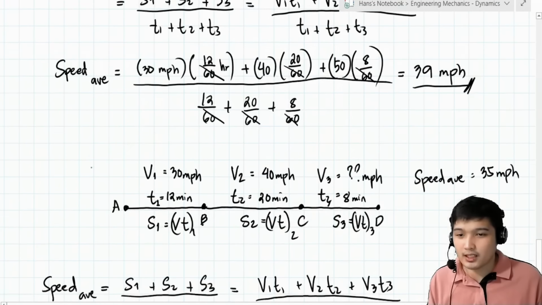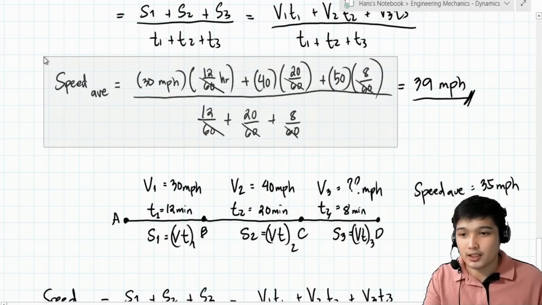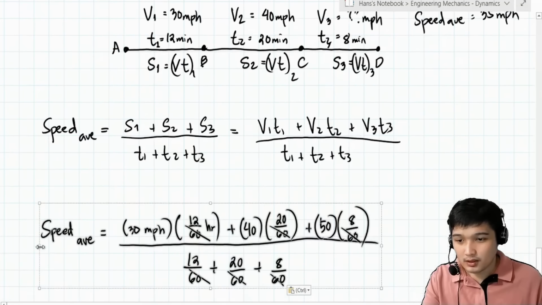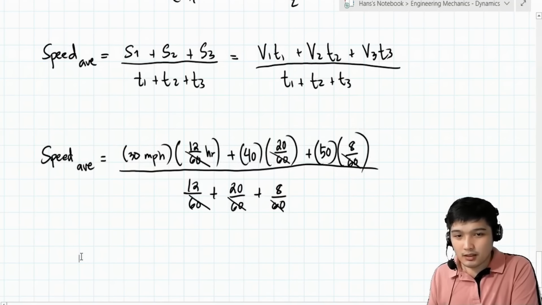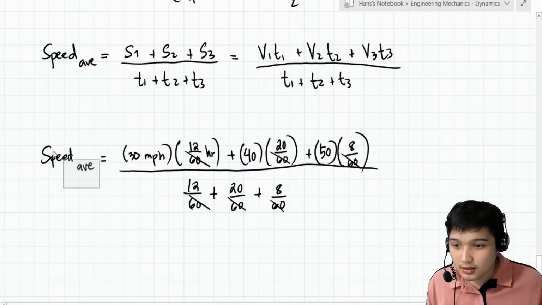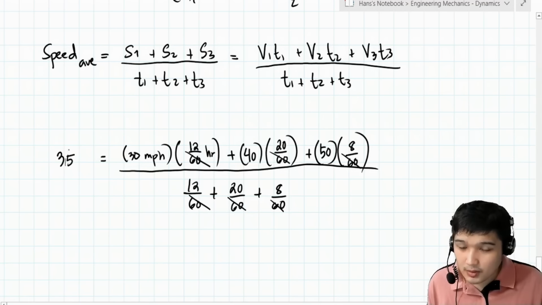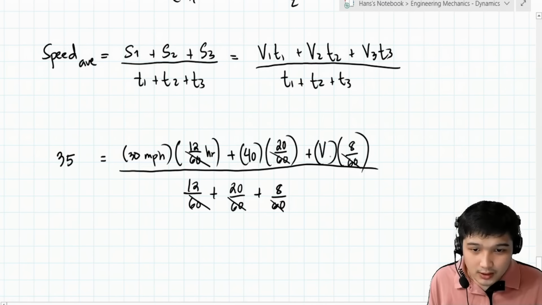Ano lang mangyari guys? Magpapalit lang yung given sa yung unknown, no? So copy ko na lang to para mabilis lang. So mangyari, ang magiging given dito is ito. So sabi kailangan daw ito is 35 at ilan daw ito. So tawagin nating V sub 3.